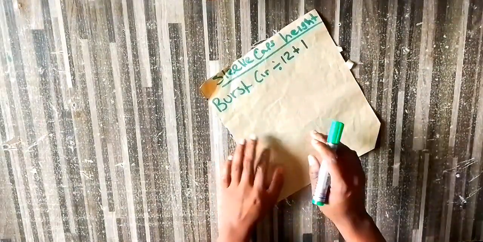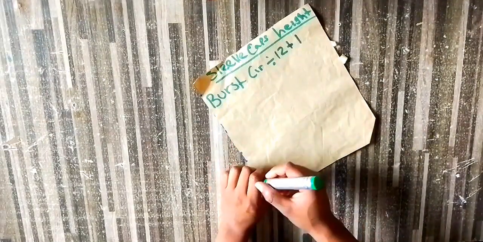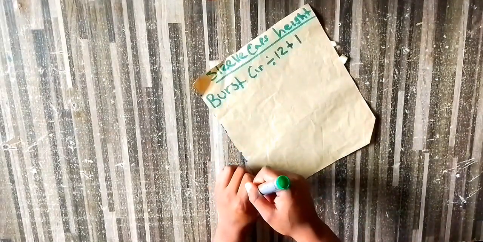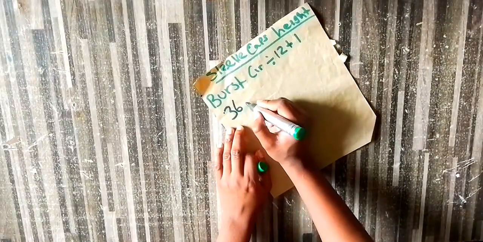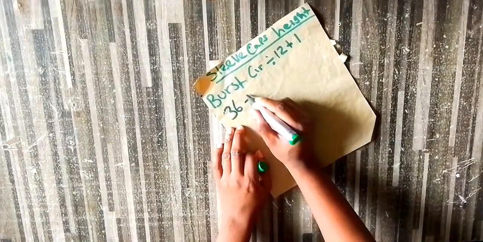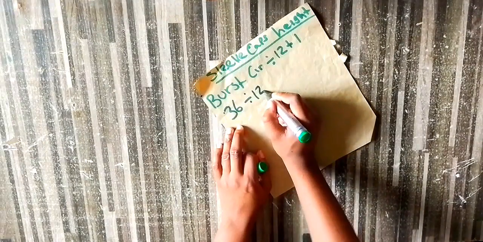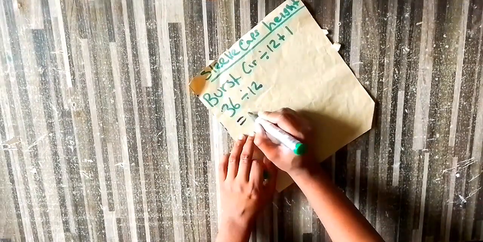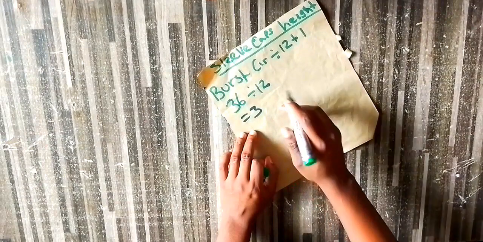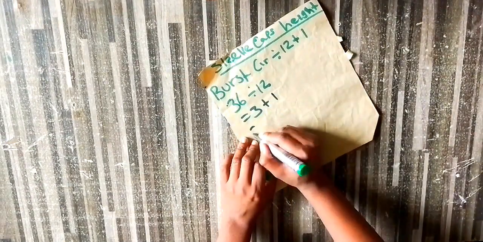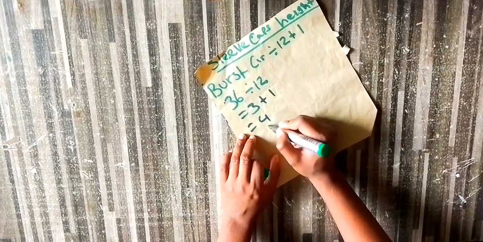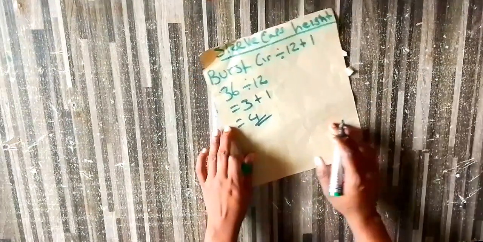The bust circumference I'm making use of is 36. So you say 36 divided by 12, which will give us 3 inches. So that 3 inches now you say plus this 1 inch, which will give us 4 inches. So this is our sleeve cap's height.